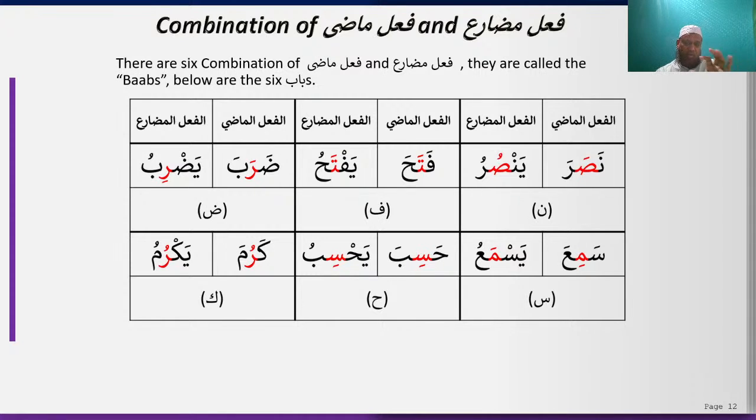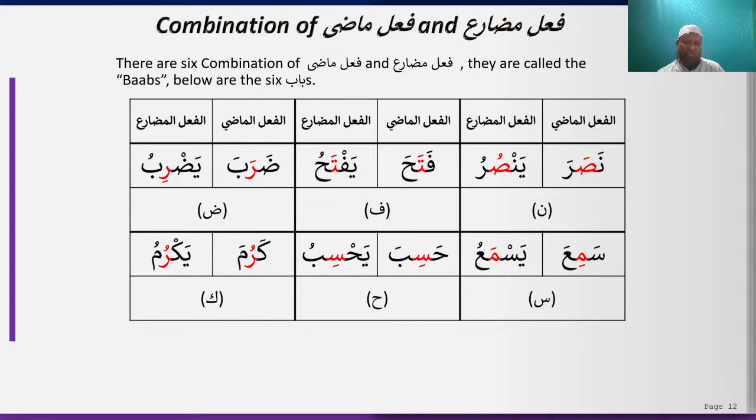Once we have the first sigha, we say it as a masdar meaning to go, or we can have the fa'il hidden, the damir huwa: he went.